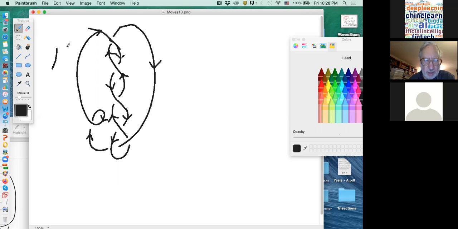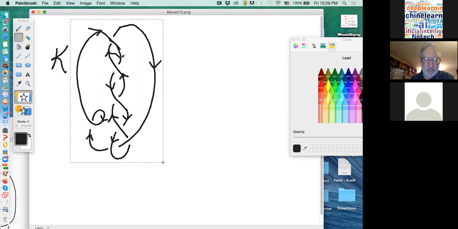So let's call this knot K, and it's ripe for doing a saddle point right there, yeah? So let's see what happens if we do a saddle point.